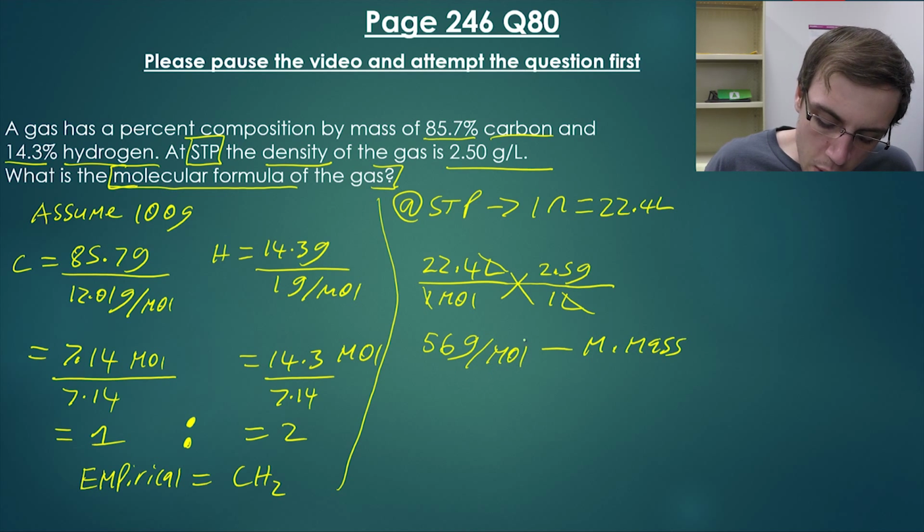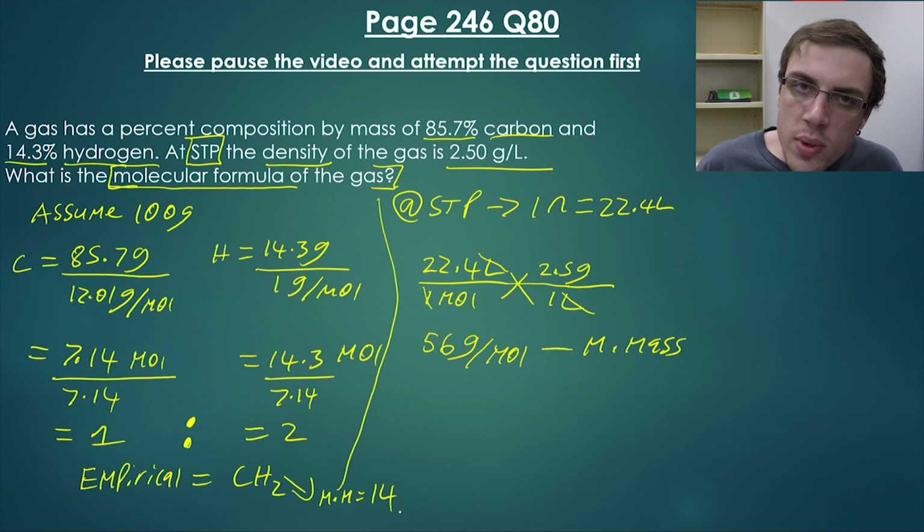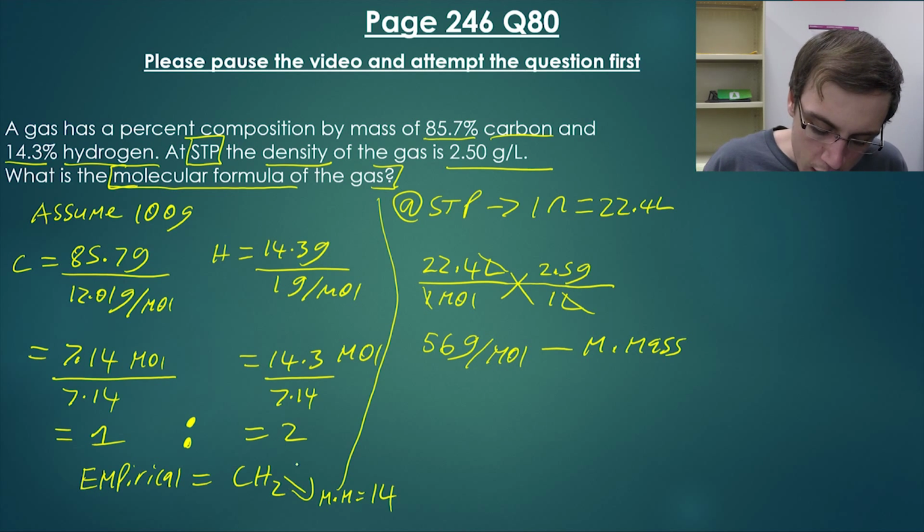Now, this is the molar mass of our actual gas. And we look at the molar mass of our empirical formula over here. Carbon is 12 and hydrogen is 1, so this molar mass is equal to 14. So essentially, we just keep multiplying this until we hit 56 grams per mole.